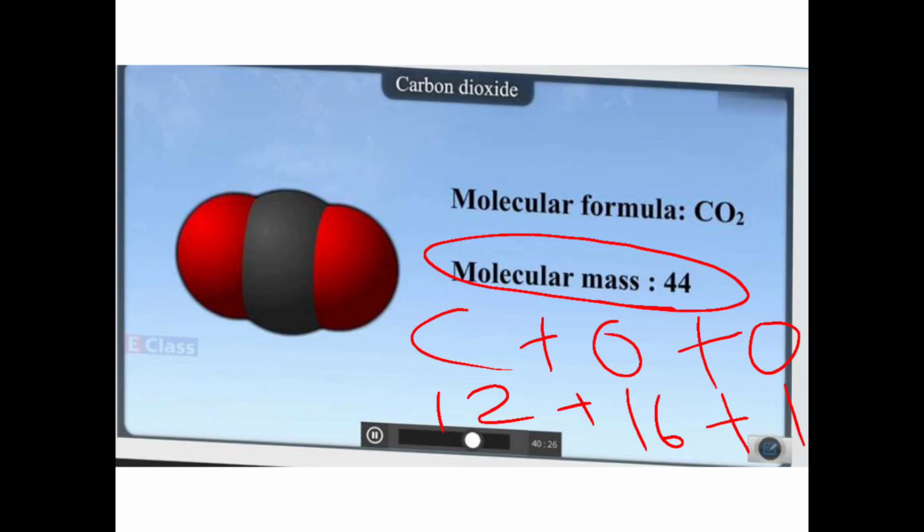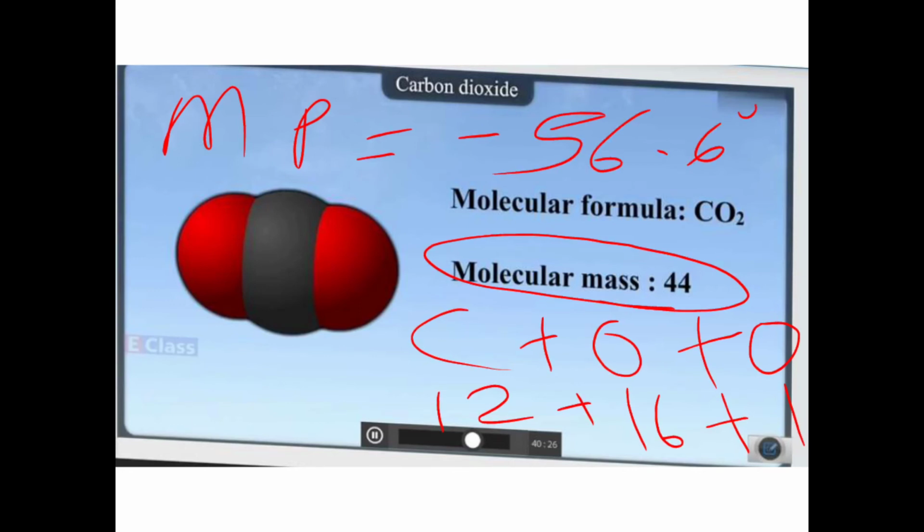And now the important property. The third important property of carbon dioxide is that it has a melting point of minus 56.6 डिग्री सेल्सियस. अभी यहाँ पे वर्ड है मेल्टिंग पॉइंट. कार्बन डाइऑक्साइड तो गैस है ना, then why this melting point?